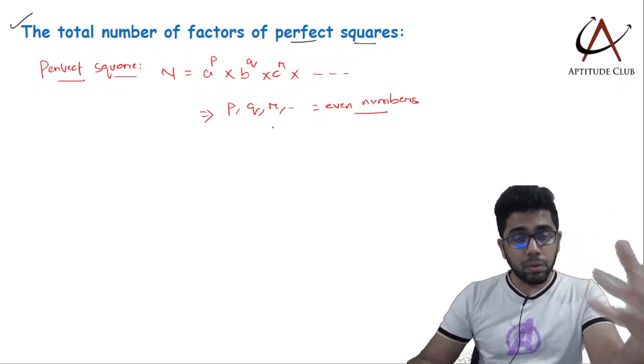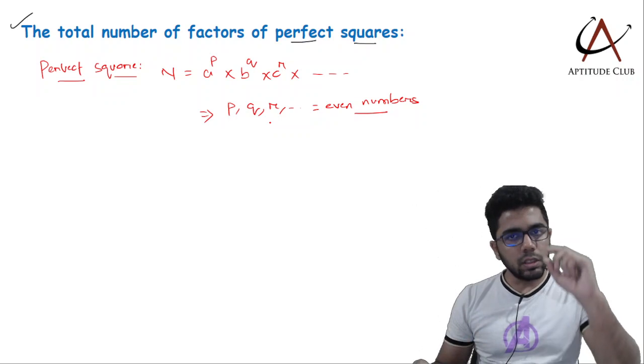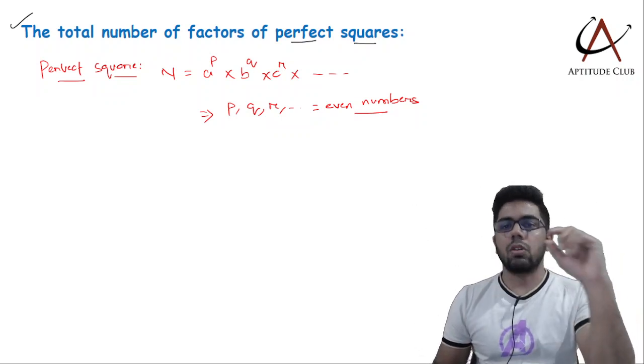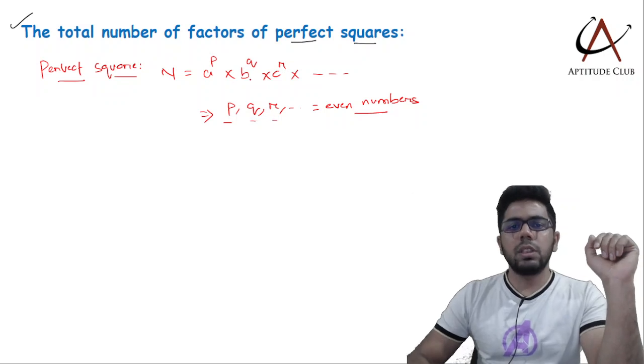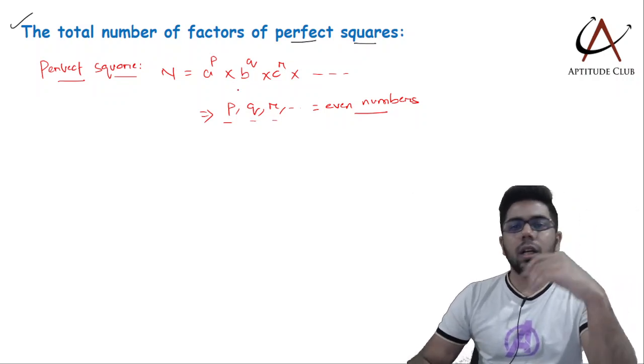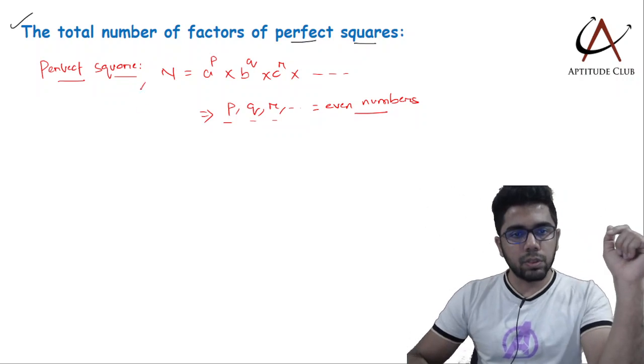If a number is a perfect square, whenever you prime factorize it, the powers of the prime factors are always even numbers. a, b, c are its prime factors. p, q and r are even numbers if the number is a perfect square.